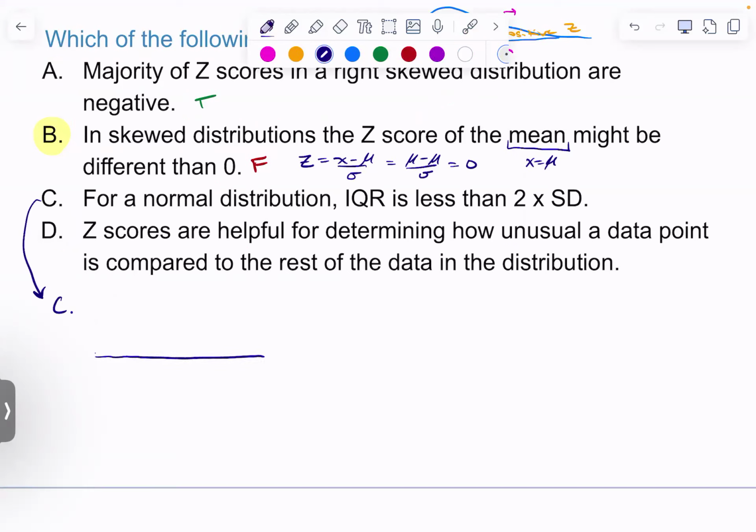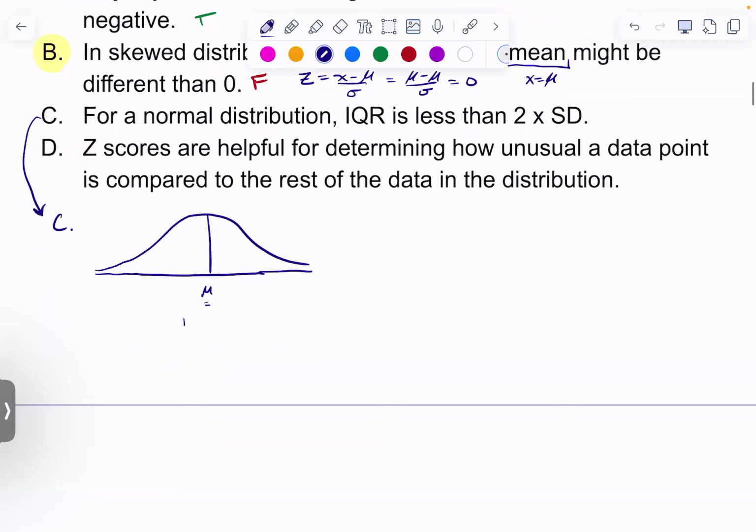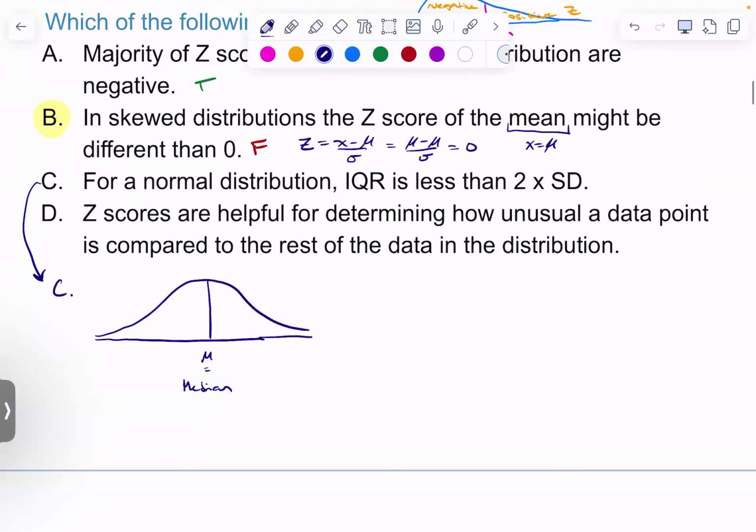We're told we have a normal distribution. In a normal distribution, the mean and the median are the same, so mu is equal to the median. That's a fact for the normal distribution, because it's symmetric.